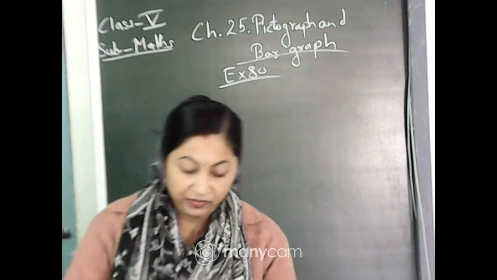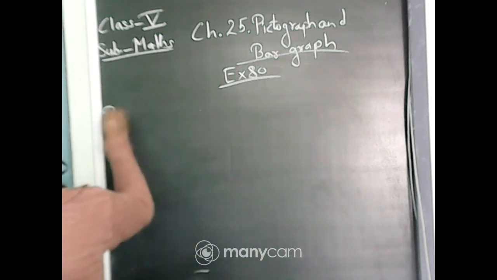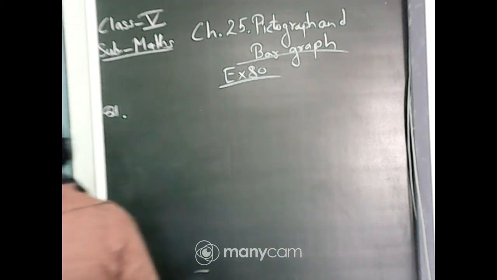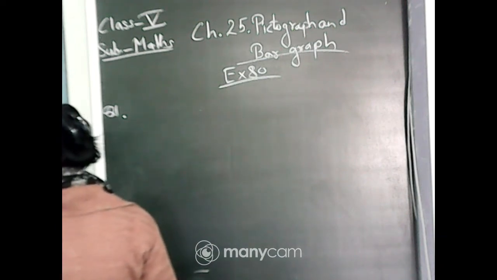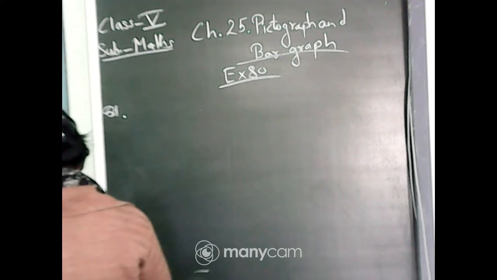So let us write this one. You have to draw the pictograph. I am not writing the question directly, I am drawing the pictograph. Question number 1. On the top you will write scale.